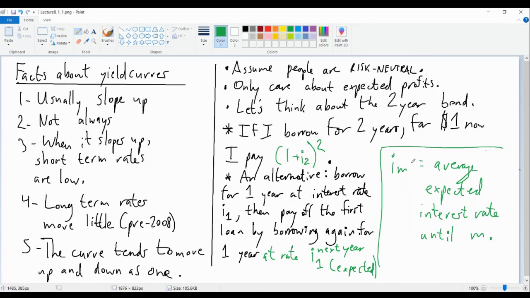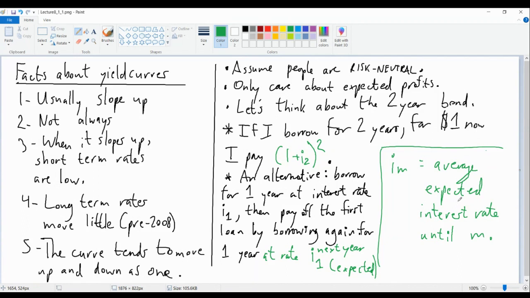But if M is 2, remember, the 2-year bond rate, according to our theory here, is the average of the 1-year bond and what we expect next year to do. So, of course, you might expect those two things to often move together, since the second one is affected directly in this equation by the first one. So the first one rises, it's going to pull up the second one.